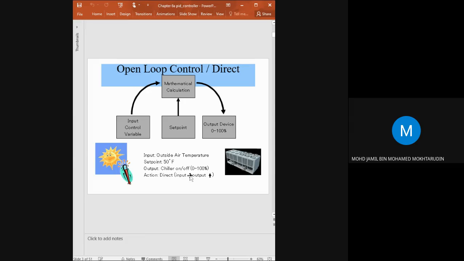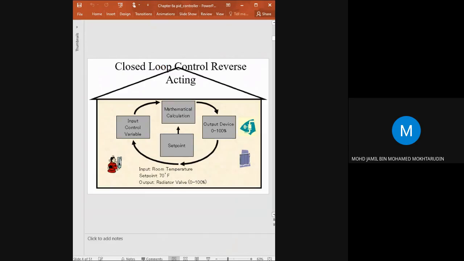So an open loop system basically has no sensor that can measure the error difference between what you set and the actual output.